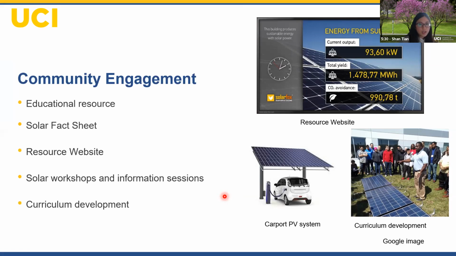The University of Central Florida can also develop curriculums around solar energy, battery storage, and other sustainability-related topics, and use the on-campus system as hands-on learning material for students. The carport PV system can be further integrated with electric vehicles in the future.